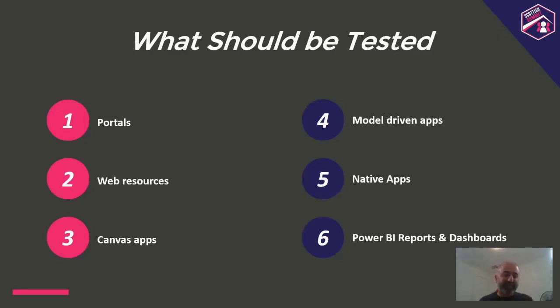Last but not least is Power BI reports and dashboards. So these are a few things which we need to test, or can consider testing in terms of accessibility, depending on our priorities and what our goals are for that project.